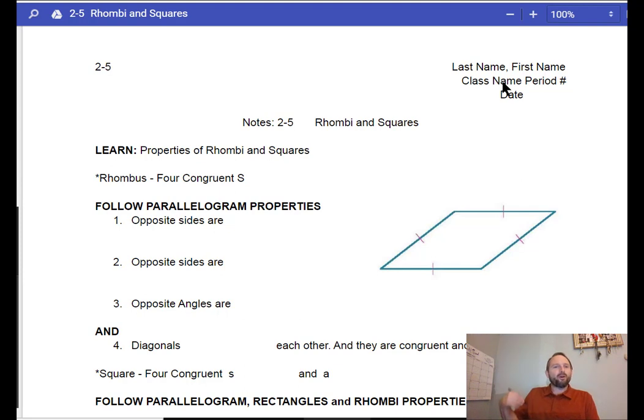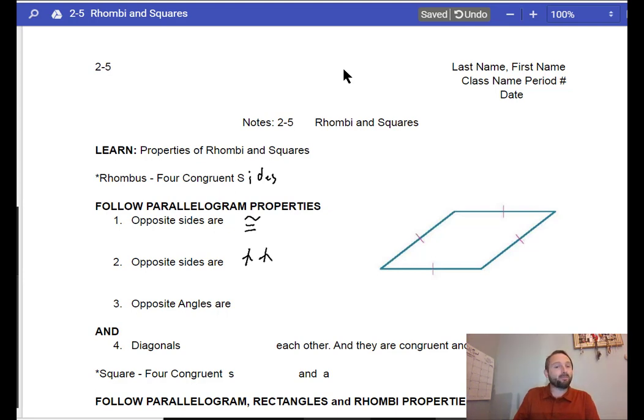So, a rhombus has 4 congruent sides. That's it. Now, it's also a parallelogram, but we'll get to that. So we have to follow the parallelogram properties. Opposite sides are congruent. Opposite sides are parallel.